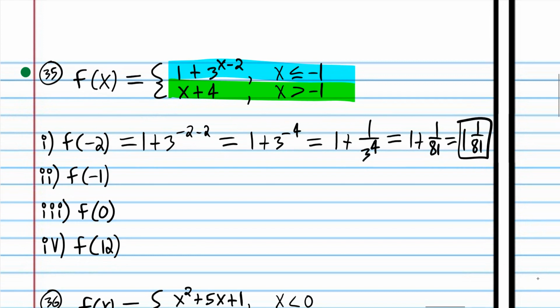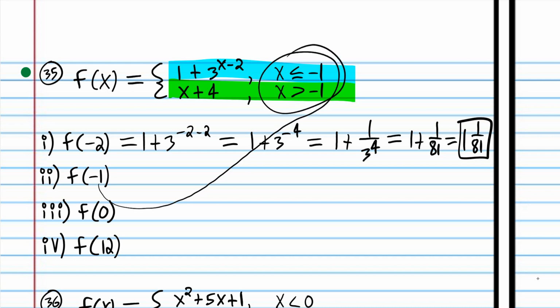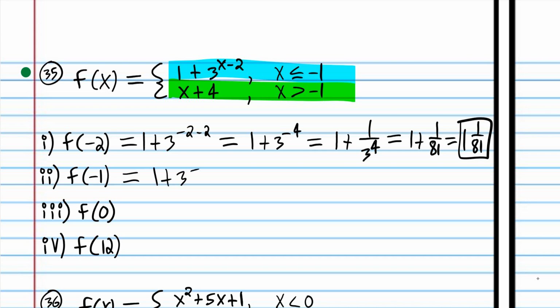So if you got that right, excellent. Okay, so now our input is -1. So is that going to be in the blue interval or the green interval? Well, x is equal to -1 in this case. So it's going to be the blue expression that we're going to use to calculate the output of the function.